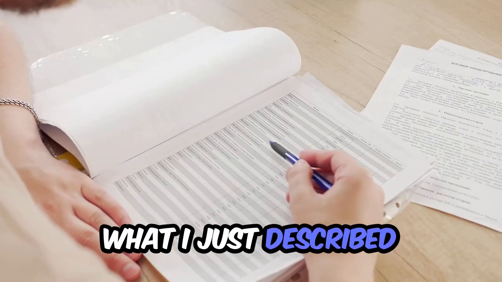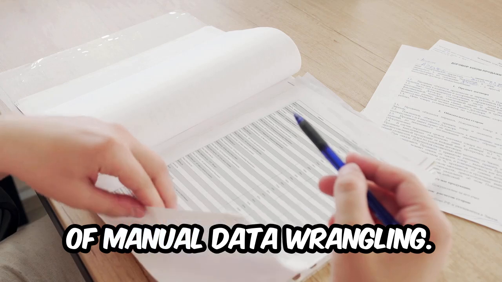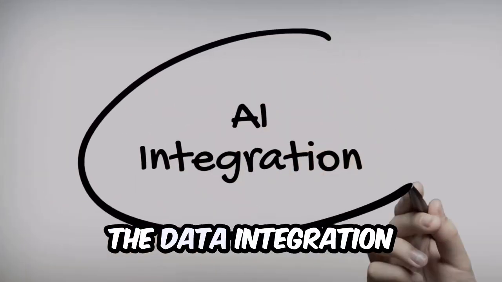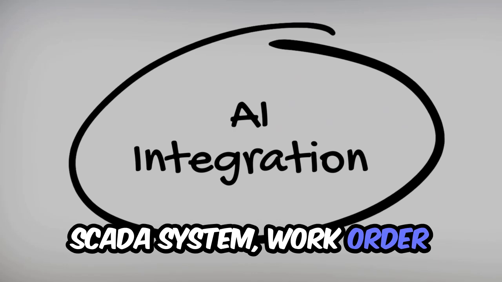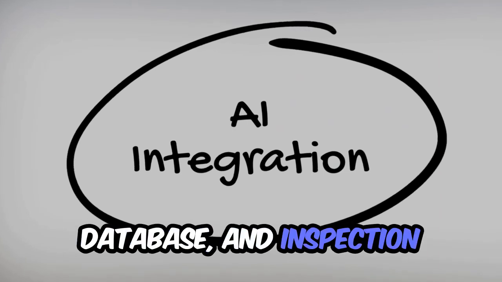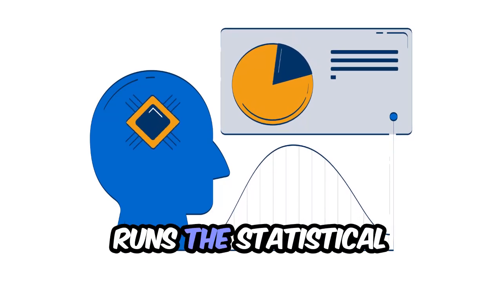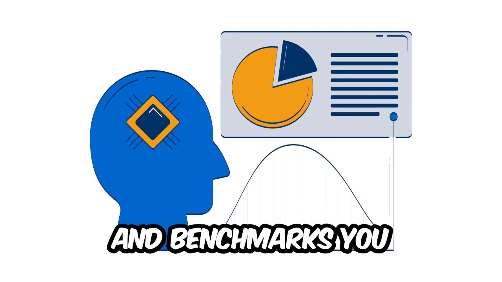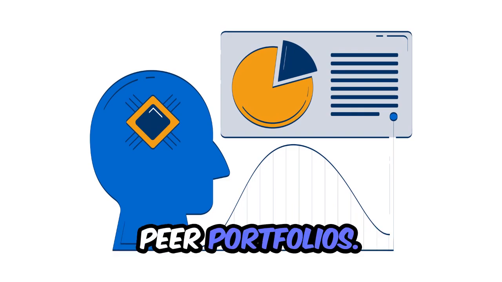What I just described takes a skilled analyst 80 to 100 hours of manual data wrangling. Our AI agents do it in minutes. The data integration agent pulls from your SCADA system, work order database, and inspection records automatically. The diagnostic agent runs the statistical analysis, flags outliers, and benchmarks you against anonymized peer portfolios.